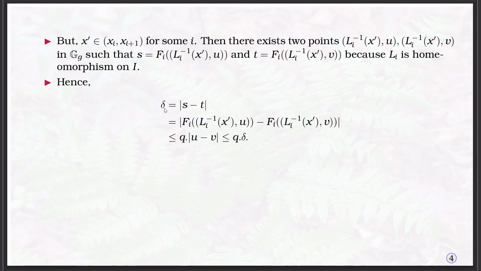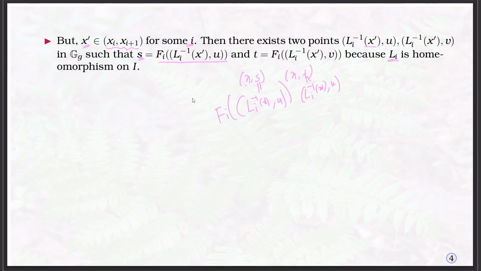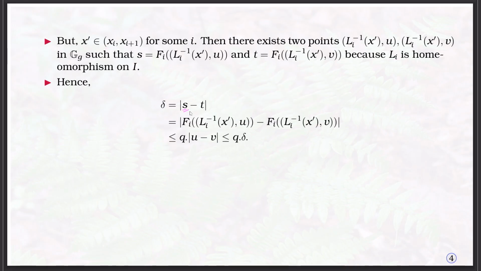Now, what is delta? Delta is the modulus of s minus t. So, instead of s and t, one can apply these maps. We know that F_i is a contraction with respect to the second variable.